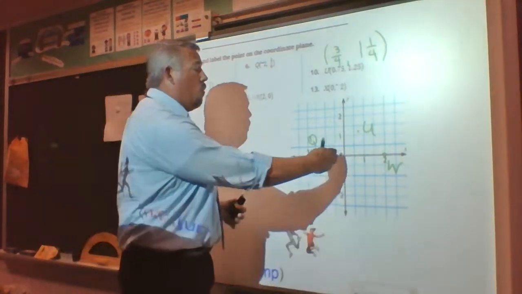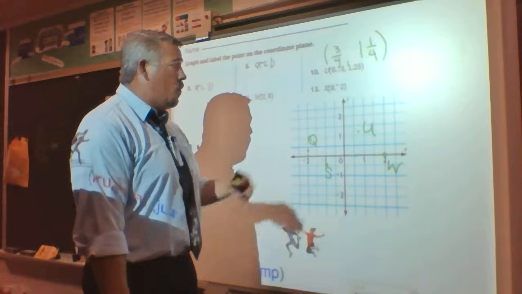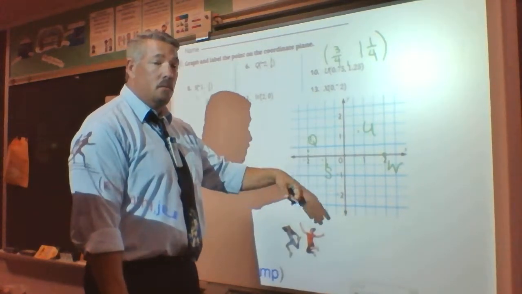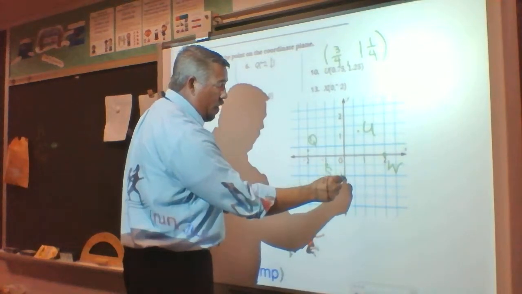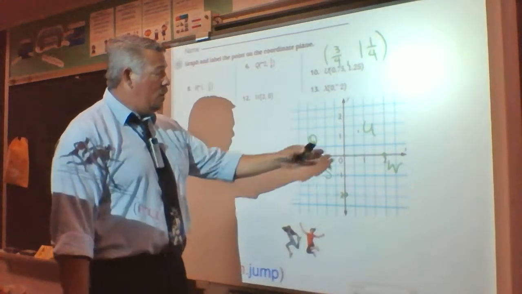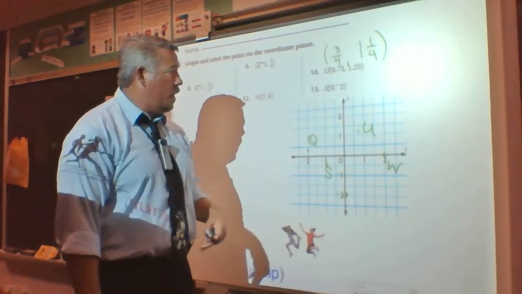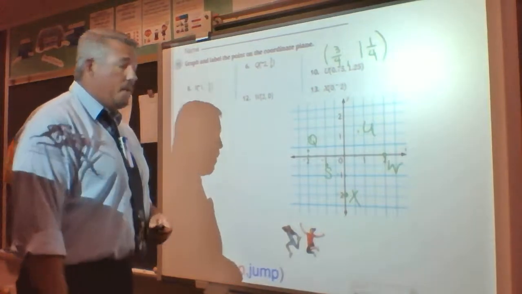I'm going to stay at home. I want to be at that point of origin, just like that lazy dog, but then I'm going to jump down. -2 takes me all the way down there on the y-axis. I stayed at home, and then I jumped down -2. It's in the right location, so I'm going to label it X.